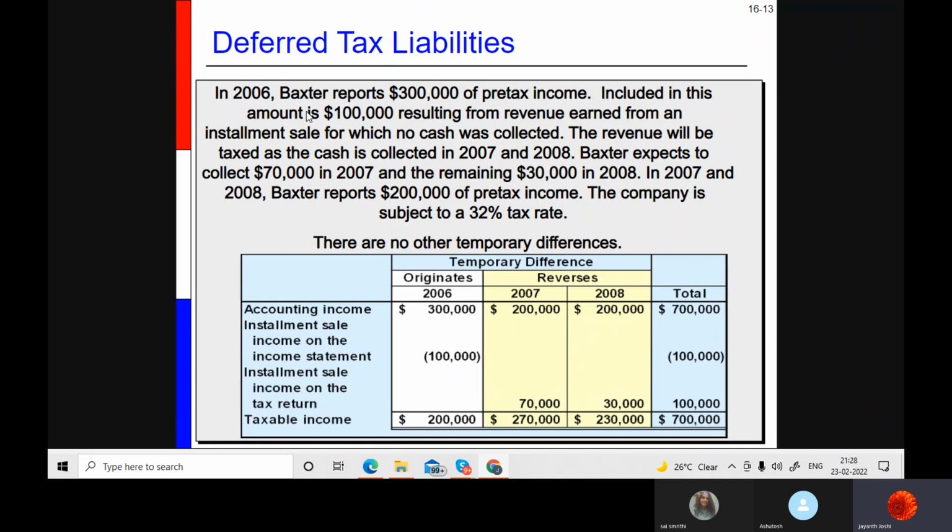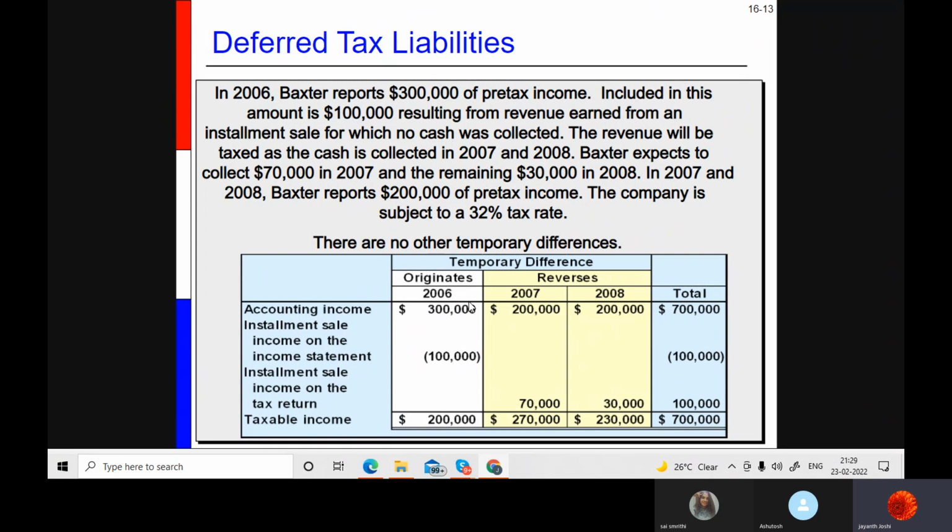In 2006, Baxter reports 3 lakh of pre-tax income, and included in this amount is 1 lakh resulting from revenue earned from an installment sale. So this 3 lakh has 1 lakh of installment sales amount.